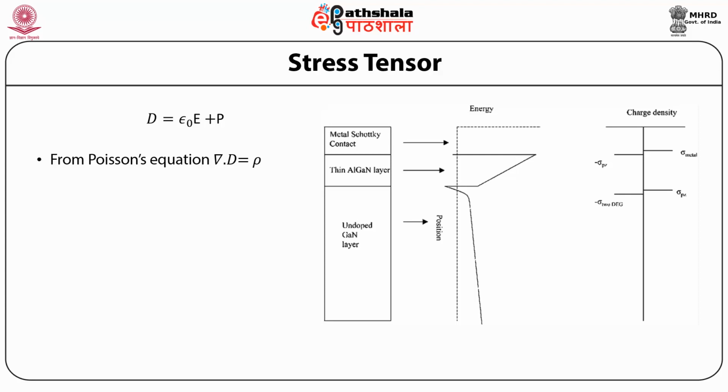So now this equation can be modified by putting the value of D: del dot (epsilon naught E plus P) equal to rho.